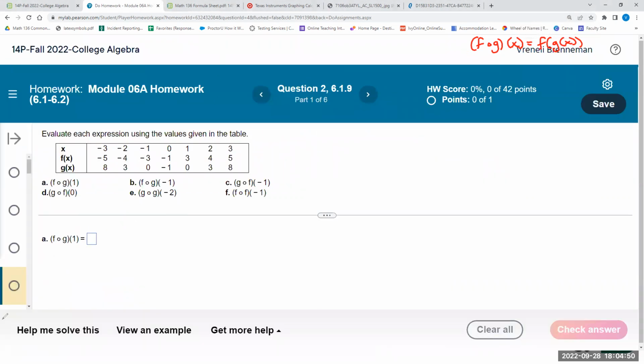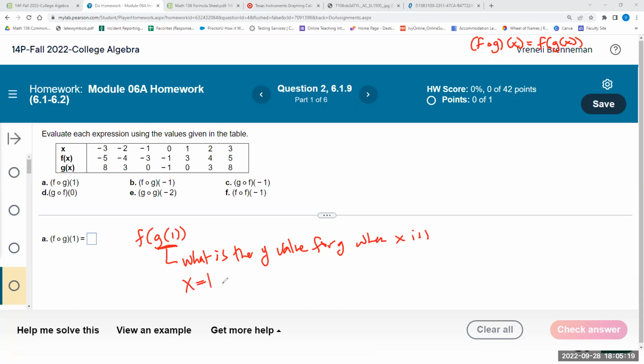So starting with, we have f circle g and then the 1, and that means f of g of 1. So I start and I work my way from the inside out. G of 1 means what is the y value for g when x is 1, or with this table of values, we're looking for x is 1, what is g of x?